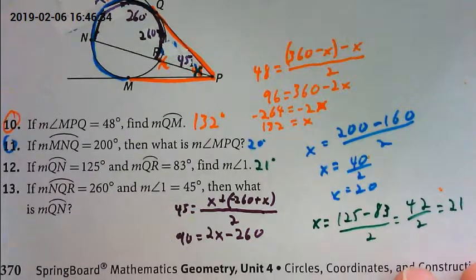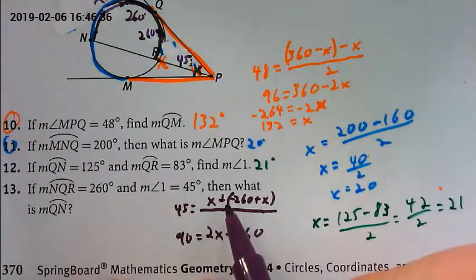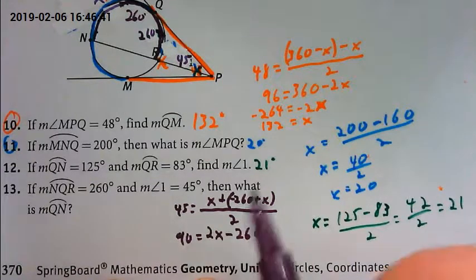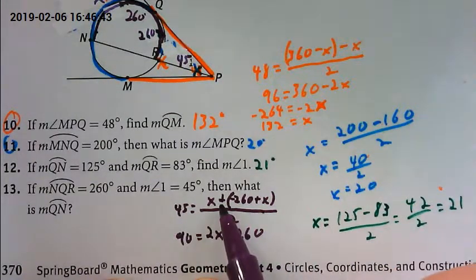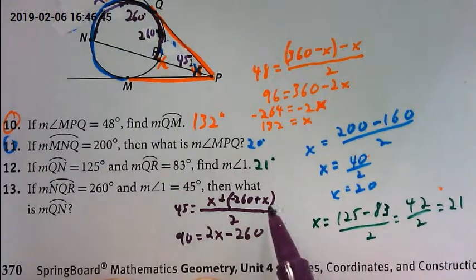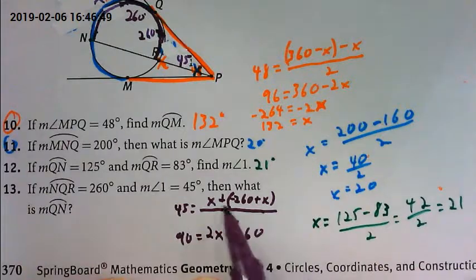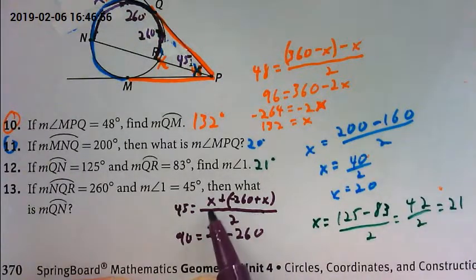So we had a negative out in front, and that negative applies to everything in those parentheses. So I had to distribute the negative to the 260 and the x. When I distributed, I changed it to a plus sign, because now the negative is on both of those individually. Then I can combine like terms. The x and the x give me 2x, and I have negative 260.